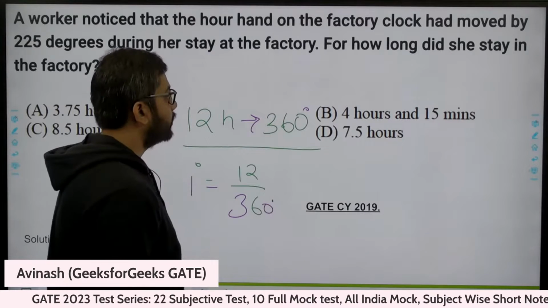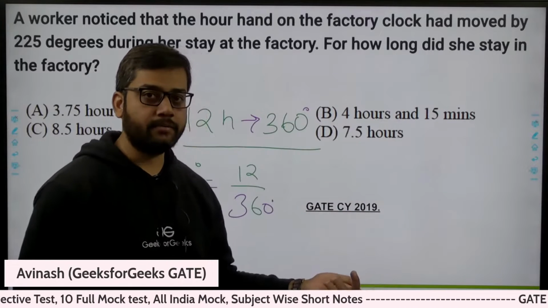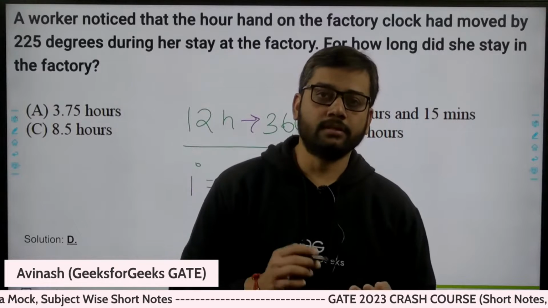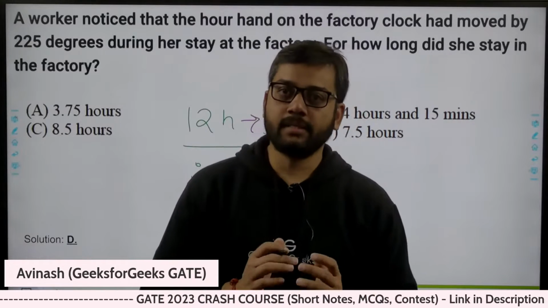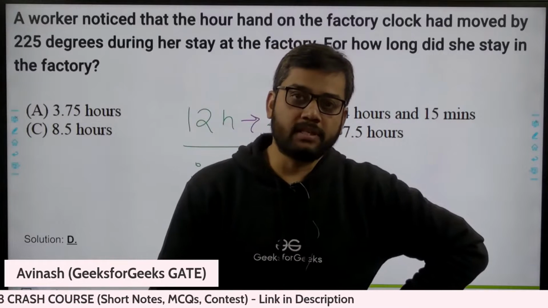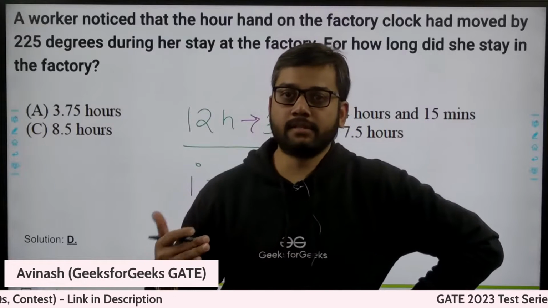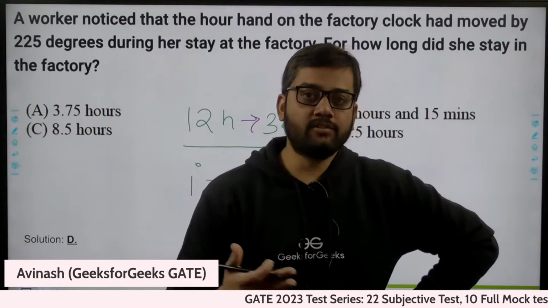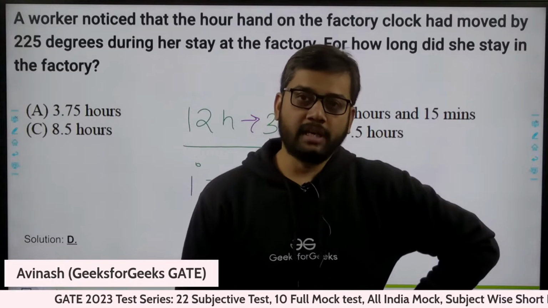So in 1 degree, how much time is spent? It's the same thing as this: if the cost of 6 bananas is 10 rupees, what is the cost of 2 dozen bananas? For 6 bananas it costs 10. For 2 dozen we need 24, so 6 into 4 is 24, so 10 into 4, like this.